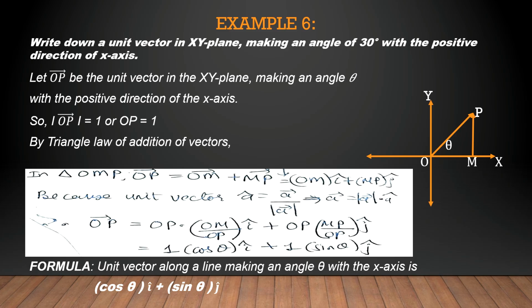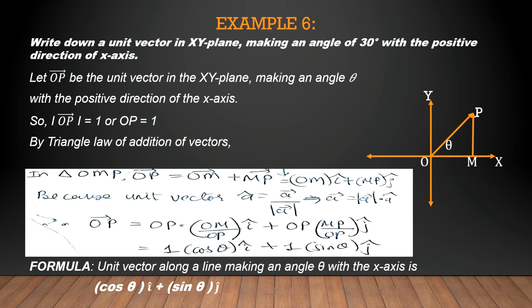So OM upon OP is adjacent side upon hypotenuse, which is nothing but cos theta. Similarly, sin theta is defined as opposite side upon hypotenuse, so sin theta is MP upon OP. So you will be getting your vector OP as cos theta into i cap plus sin theta into j cap.